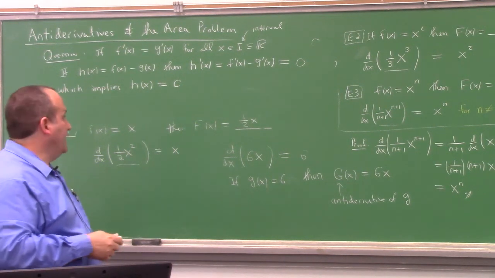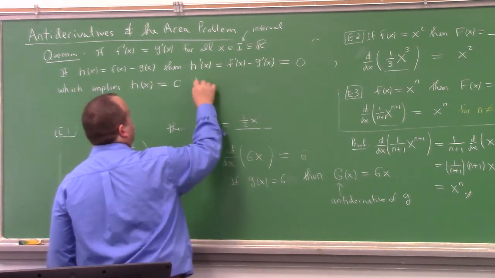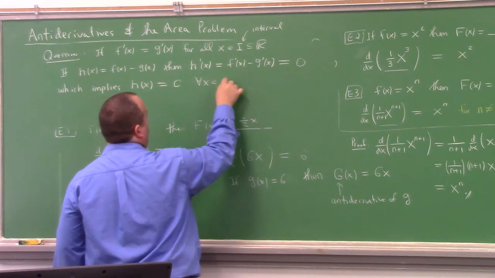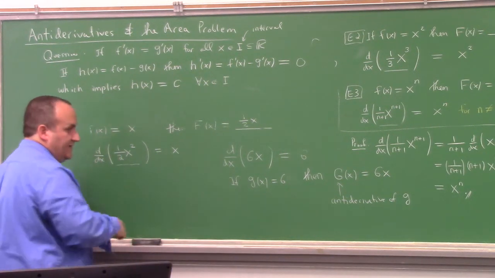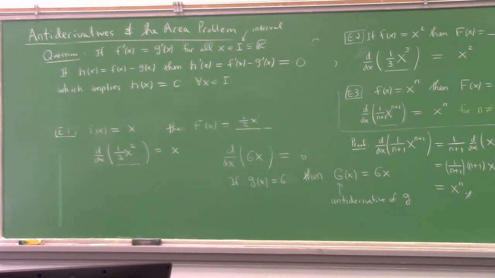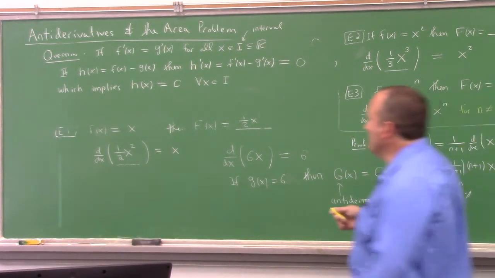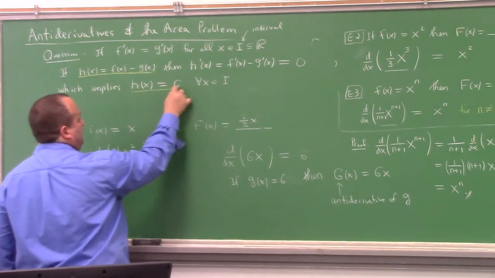But what does it mean for h of x to be constant everywhere? Well, remember, we defined h of x to be the difference between f and g. So what does it mean for the difference between f and g to be constant everywhere? I defined h right here. We just find h is equal to a constant.